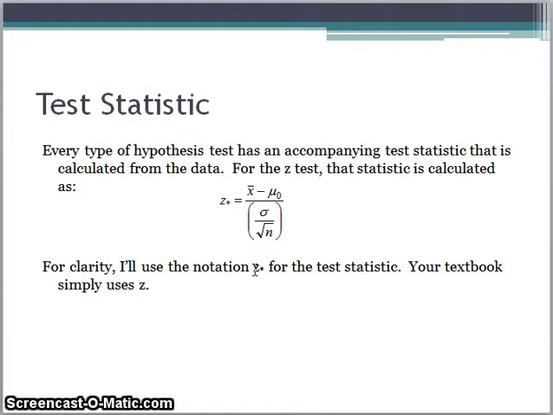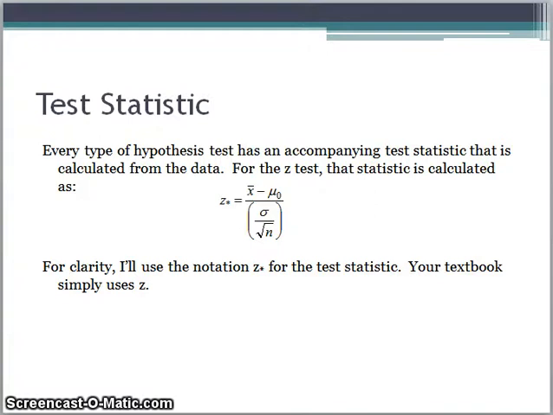So, the test statistic is calculated based on the data. Every hypothesis test has one. Every different kind of hypothesis test, and we'll do several of them, has a different formula for the test statistic. Here, for the z-test, our test statistic is x bar minus the hypothesized value divided by sigma over the square root of n.